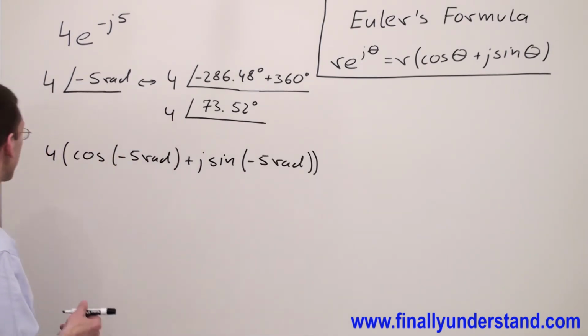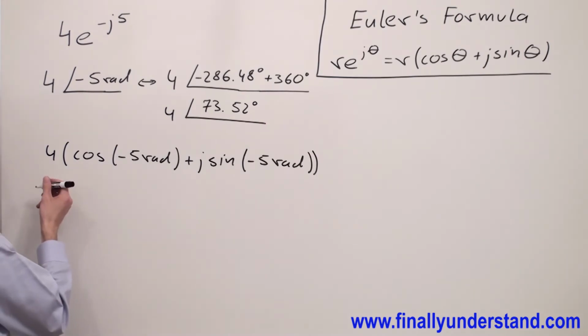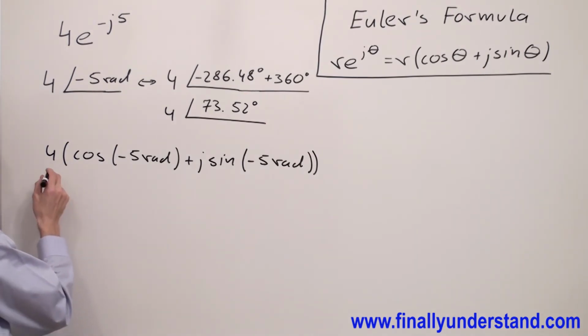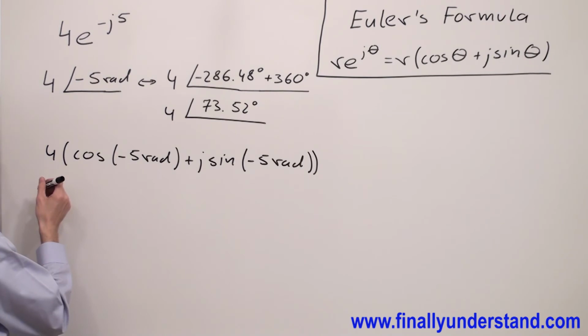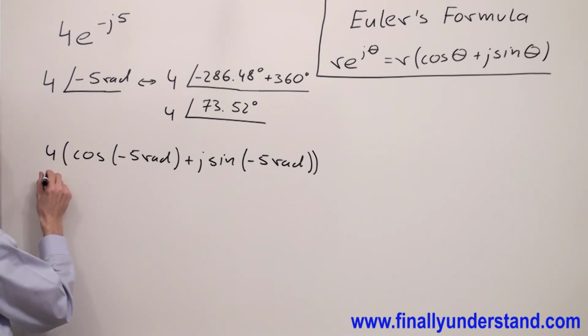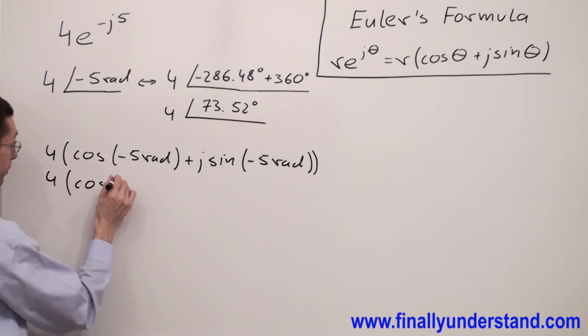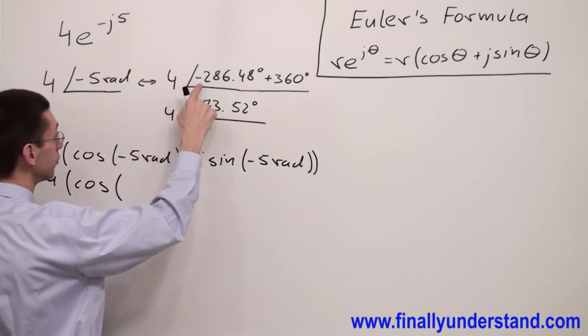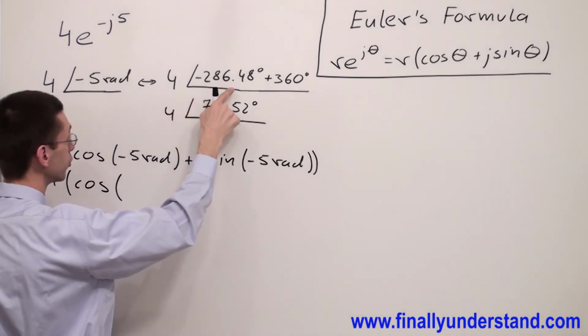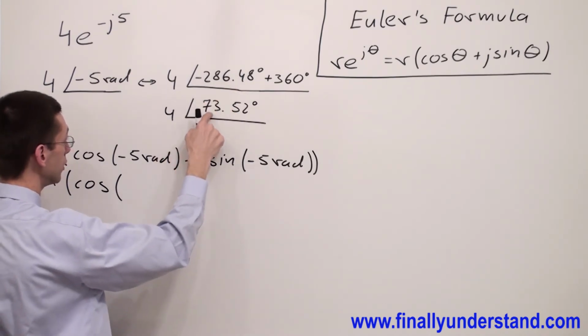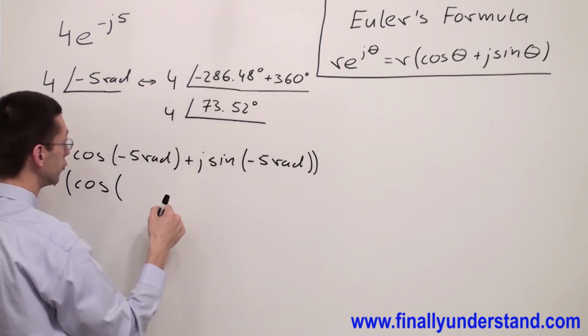But if you want to express this number in trigonometric form with angles expressed in degrees, you're supposed to simply write 4, and you can write cosine of -286.48 degrees or 73.52 degrees.